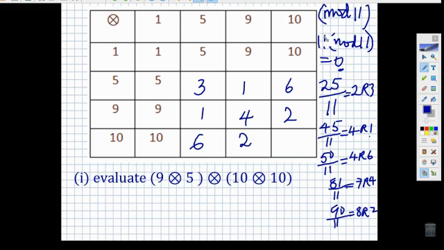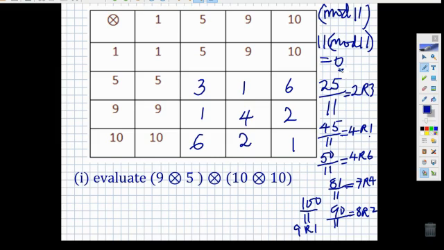So we have 2 here. And then 10 times 10, which gives us 100. 100 divided by 11 gives us 9, remainder 1. So we have 1 here. That is the way we can complete the table.